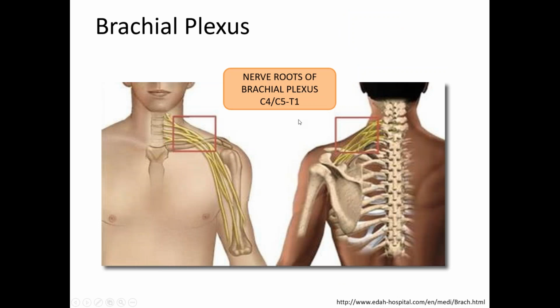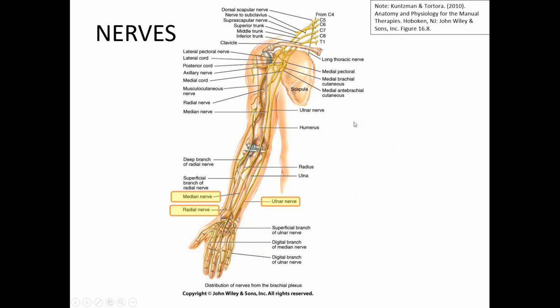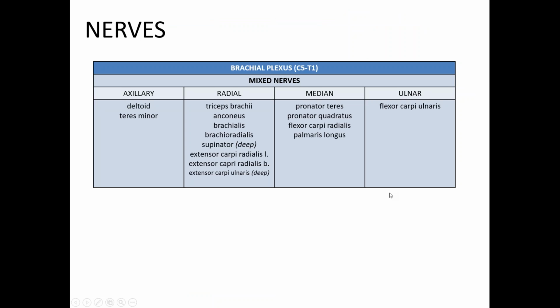Okay. Brachial plexus. So here we have the axillary nerve for deltoid, teres minor, radial nerve. These are all the muscles we've learned.